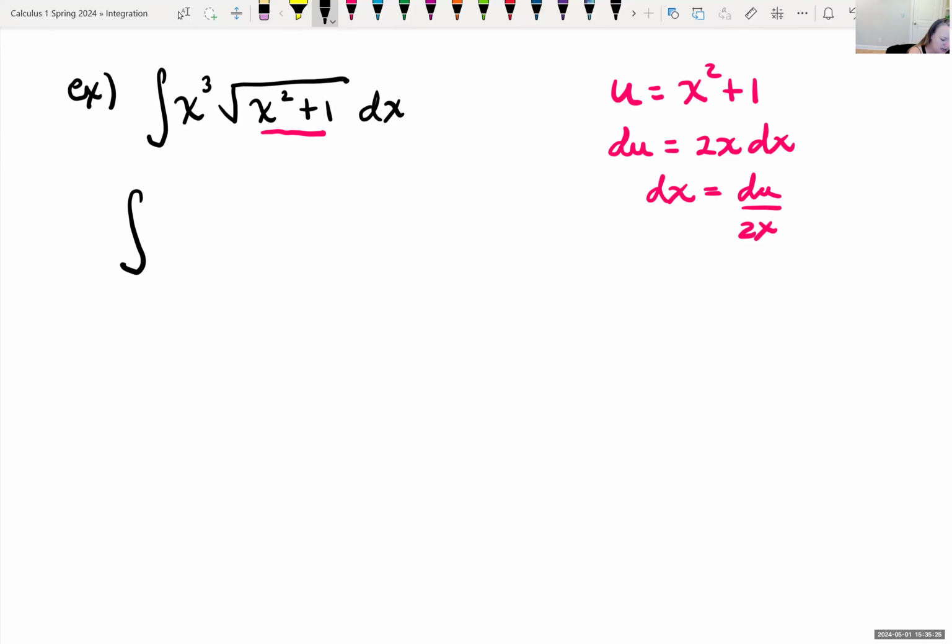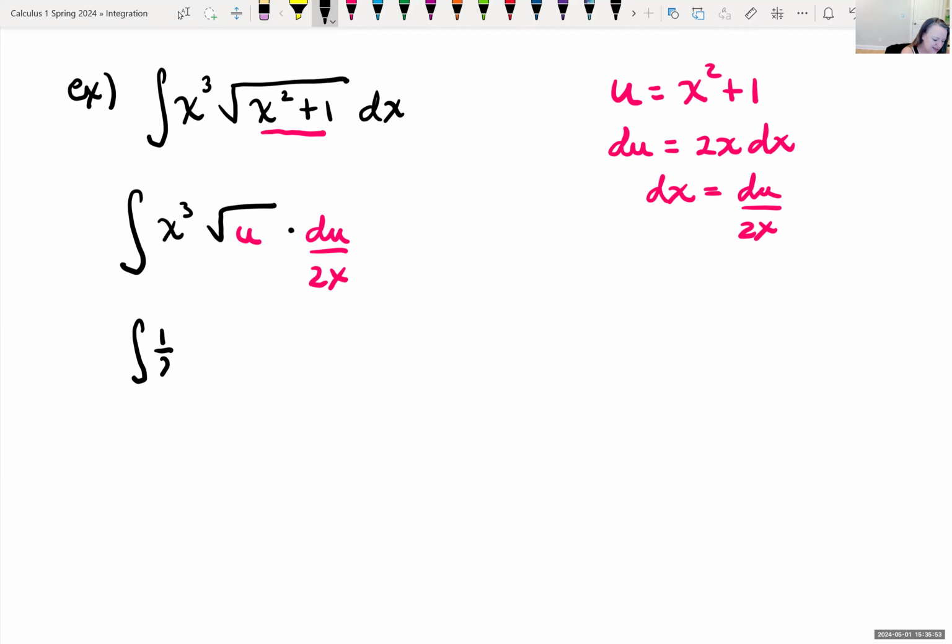So the integral here of x cubed times the square root of u times du over 2x. So it simplifies a little bit, but we're still left with an x in our integrand.